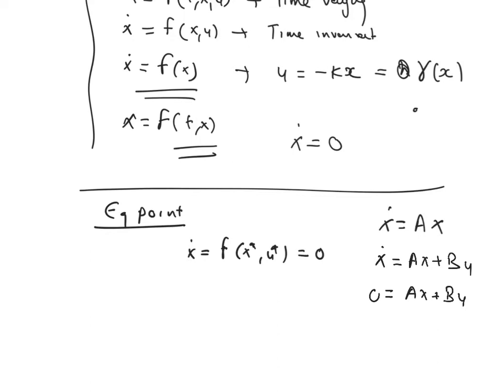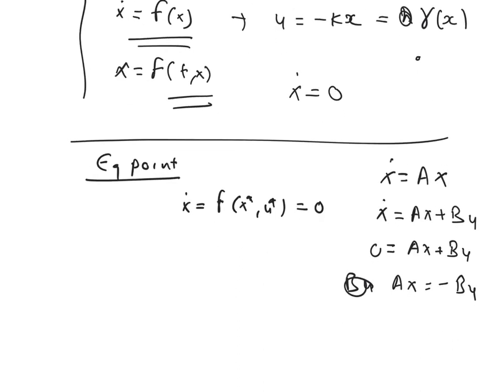It means ax equals minus bu, or you can say u star. Whatever you choose, you can solve for. If a is invertible, you can say x star equals minus a inverse b u star. So you can see that it's one connected equilibrium point.